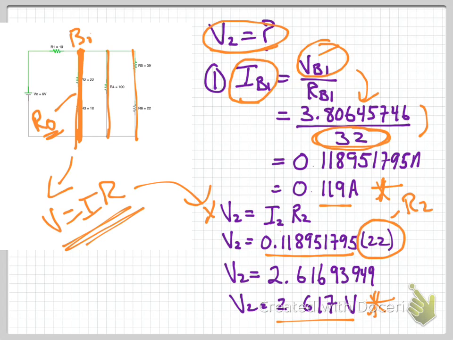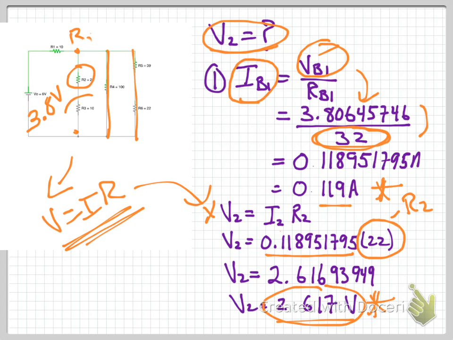Now, we know that the voltage across this branch here, from here to here, is approximately 3.8 volts. We know that we calculated 2.6 volts across this resistor.